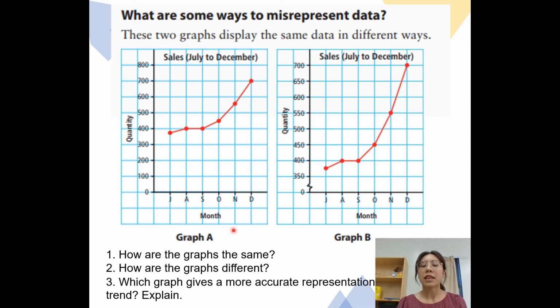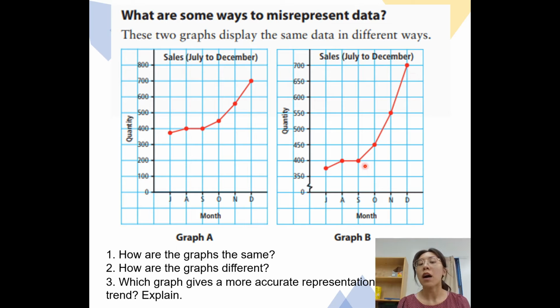And some of you are thinking, well, how come, Miss Mai? Let me explain. In graph B, it is true that because it is a little bit more zoomed in, we can see the points and what value they are slightly better, a little bit more clear.